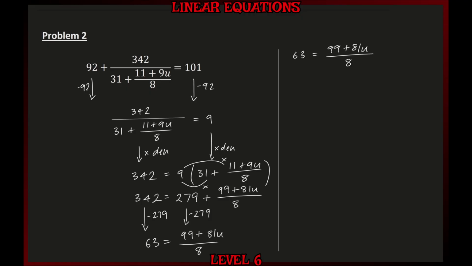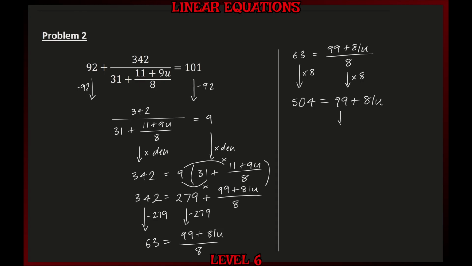Staying on the right hand side, we can remove the divide by 8 at the bottom of that fraction by multiplying by 8 and doing exactly the same on the left. And 63 multiplied by 8 is 504. So we have 504 is equal to, and the times 8 and the divide by 8 on the right cancel out to leave us with 99 plus 81u.